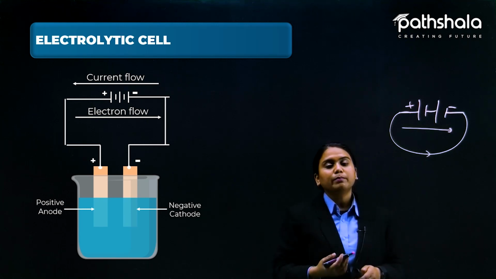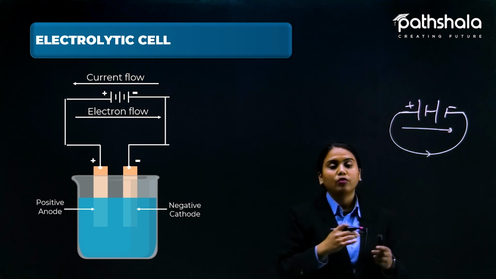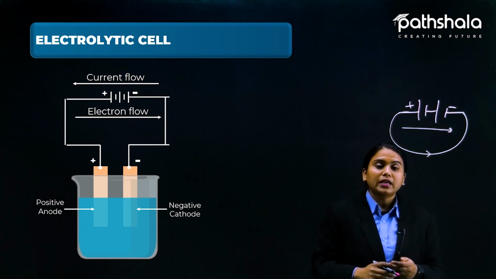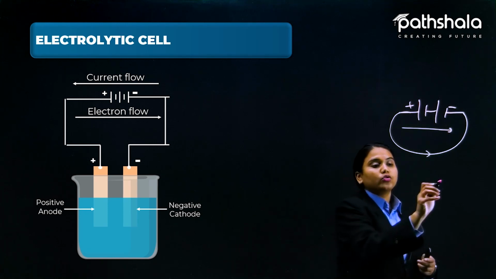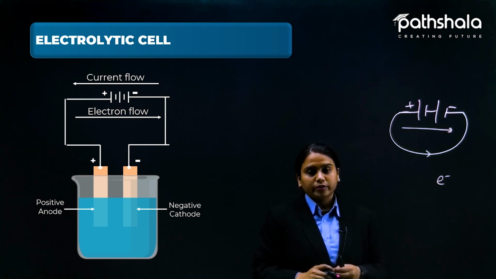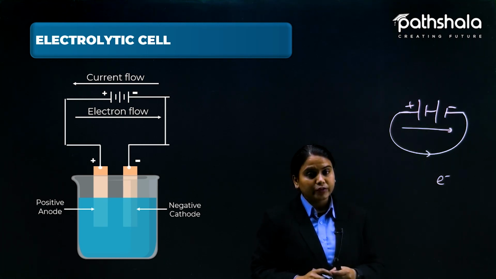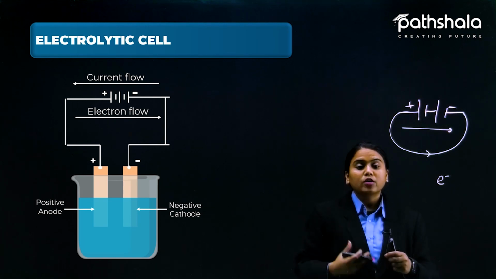We consider it this way because since ancient times we have read it like this. But the actual thing is that electricity flows because of electrons. Electrons are negatively charged particles and they always move towards the positive because they are attracted.